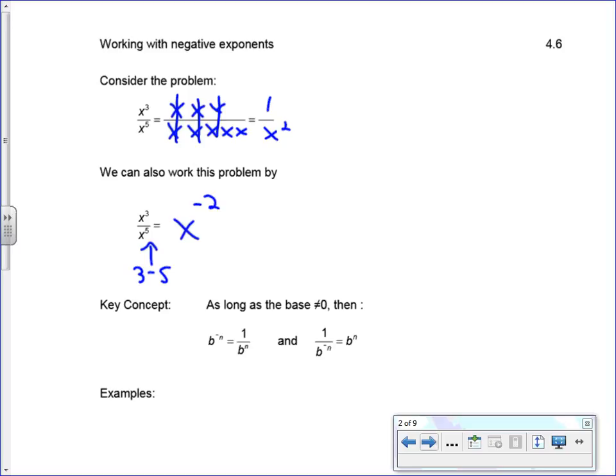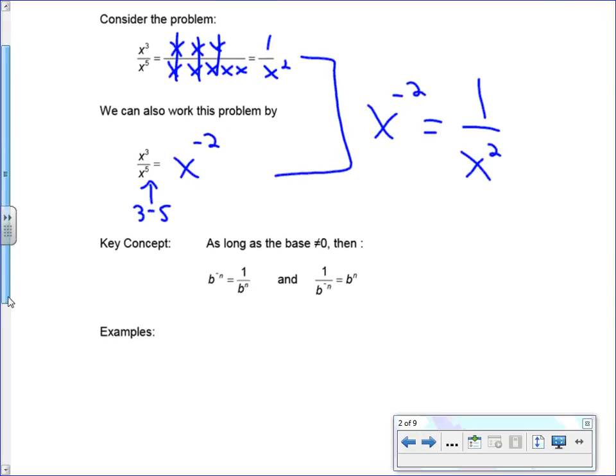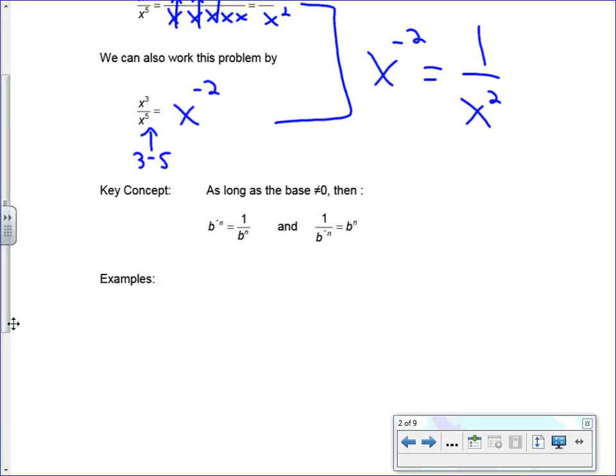So what I'm going to look at is noticing that I have worked a problem 2 ways, and I've gotten 2 different answers again. And if I didn't make a mistake, then that means that the 2 answers must be the same thing. They must be the same thing, and in fact they are. So we're going to have to take this idea of a negative exponent and figure out how to fit that rule in with everything else that we've done.